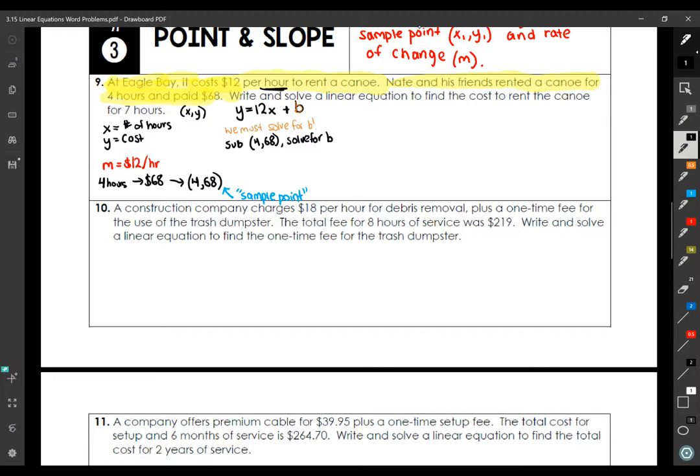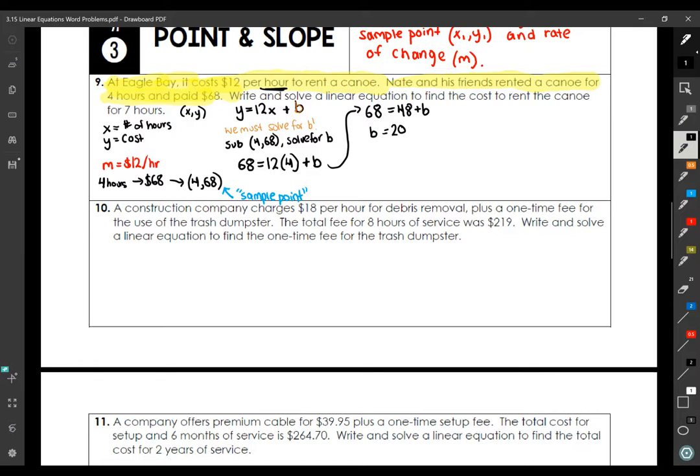So $68 is the cost, my y. 12 is my rate of change. 4 hours plus b. Then we use that to solve for b. That gives me the equation 68 is equal to 48 plus b, and finally b is equal to 20.